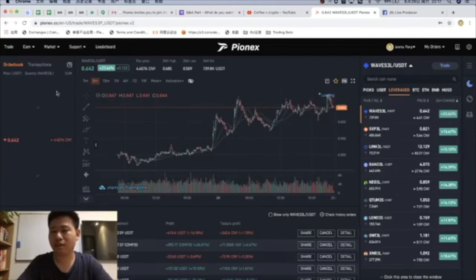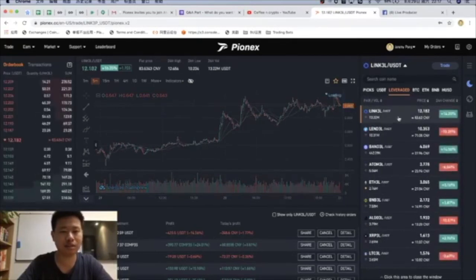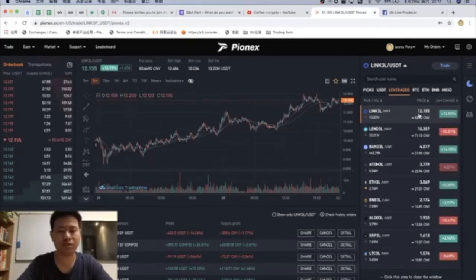Sorry, the network is not so good, and we can sort by the price. So we can see the Link 3L has become $12 each. That means if you bought it at the very beginning, you have earned 12 times.